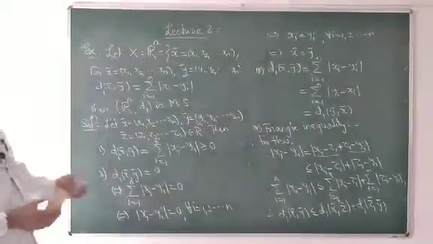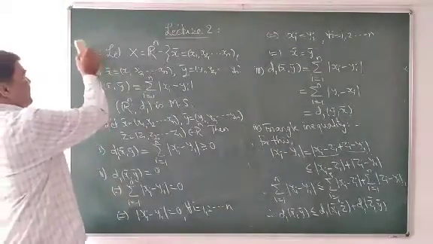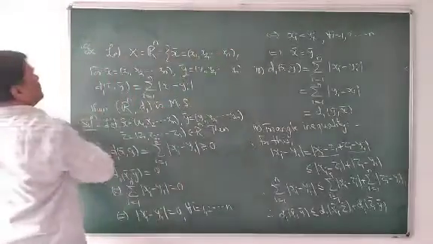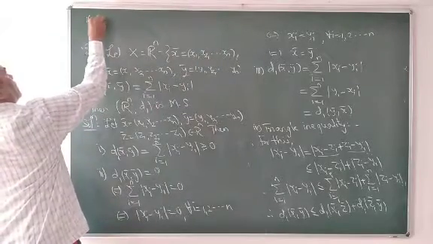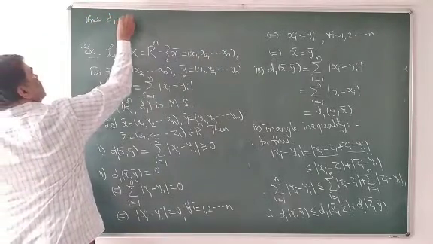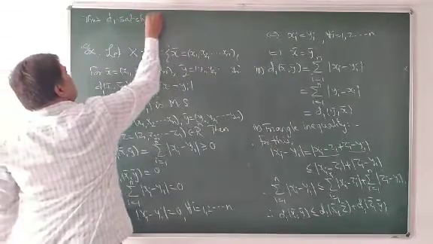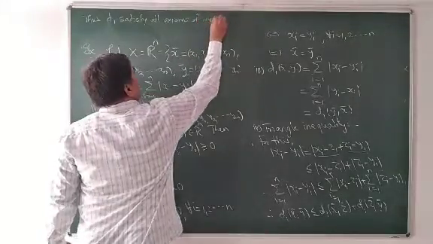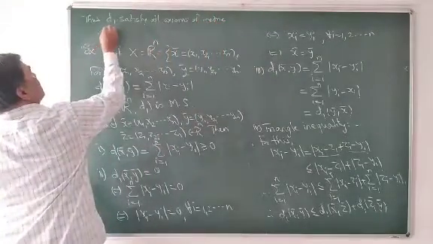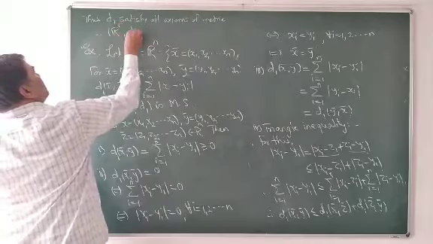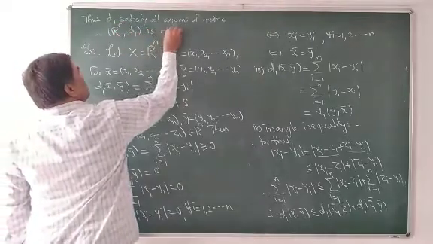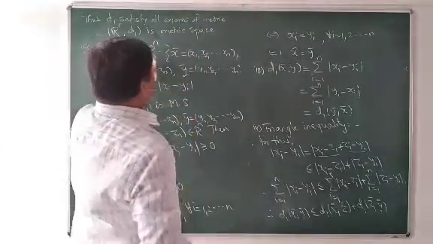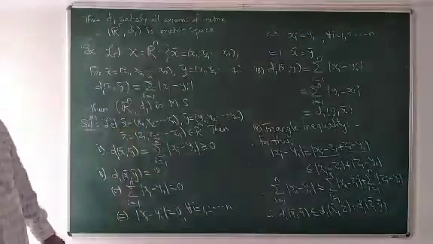Thus, d1 satisfies all axioms of metric. Therefore, Rn together with d1 is a metric space, where this n is greater than or equal to 2.